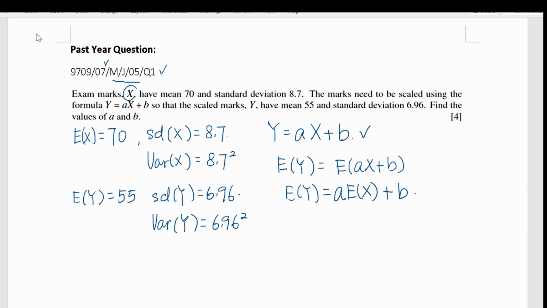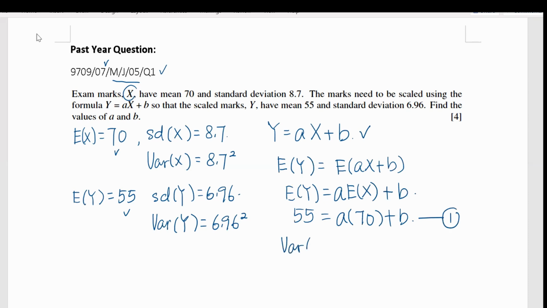Do we have the mean of Y given? Yes, 55, so we can sub in. And do we have the mean of X given? Yes, 70. At this point, we managed to get an equation, but we have two unknowns, a and b, so we cannot do anything yet. So I label it as equation 1.